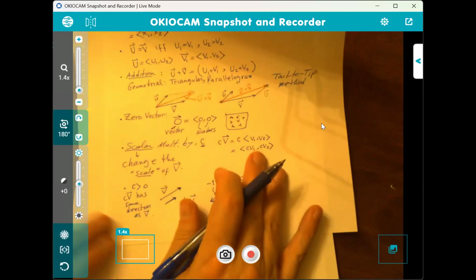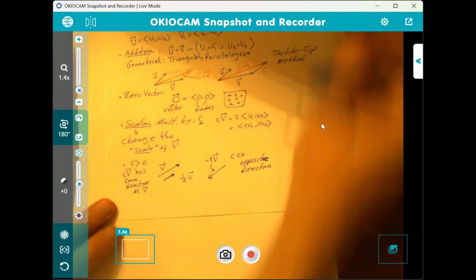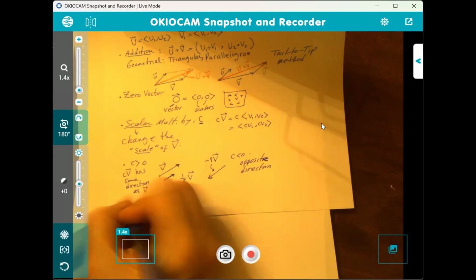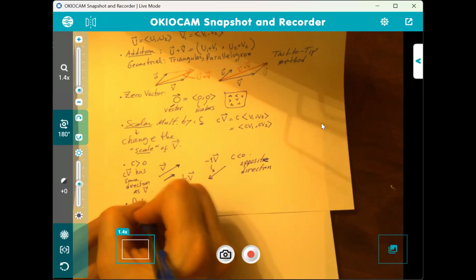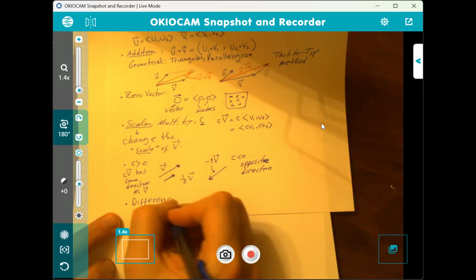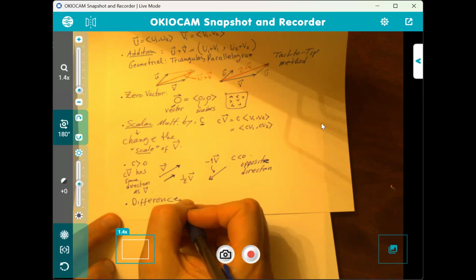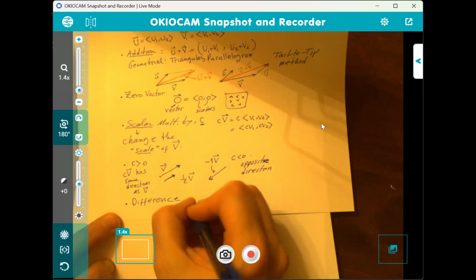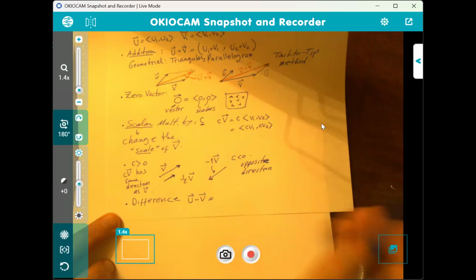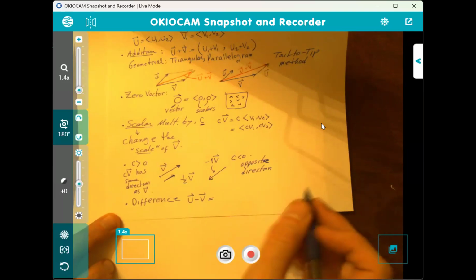Okay. Now, the fact that we have these positive and negative scalars enables us to define vector differences now. So if you want to find the difference of vectors, that would be u minus v. Just like with numbers, remember, subtraction is defined in terms of addition with opposites.